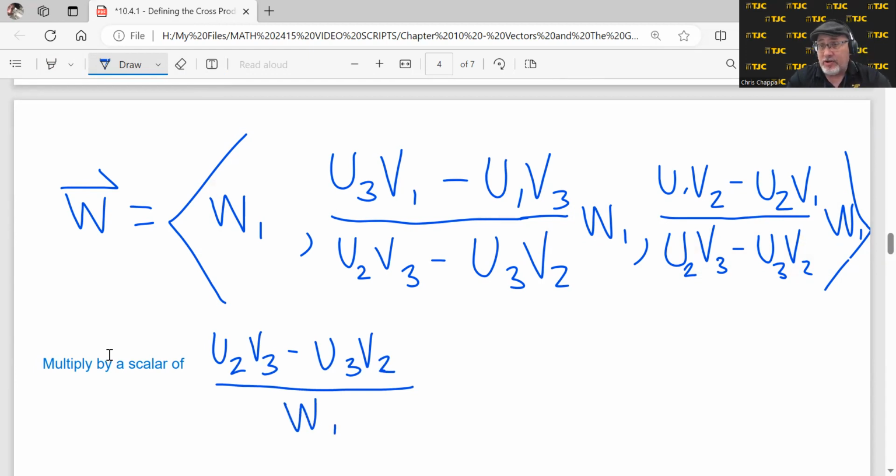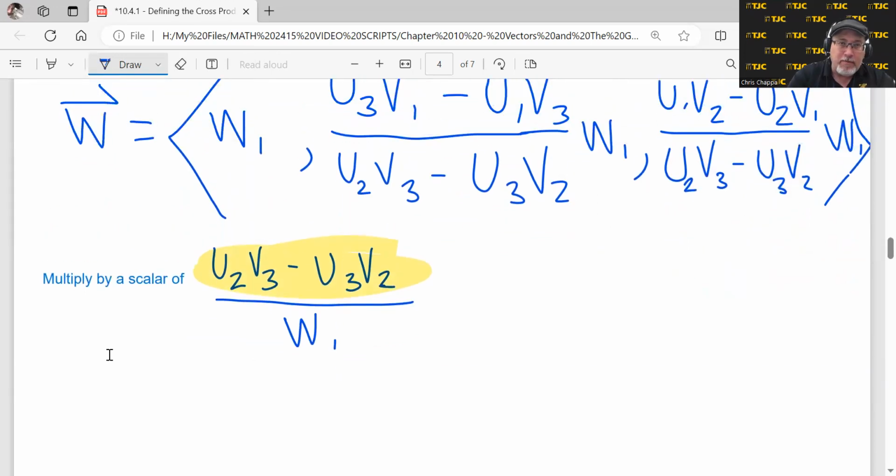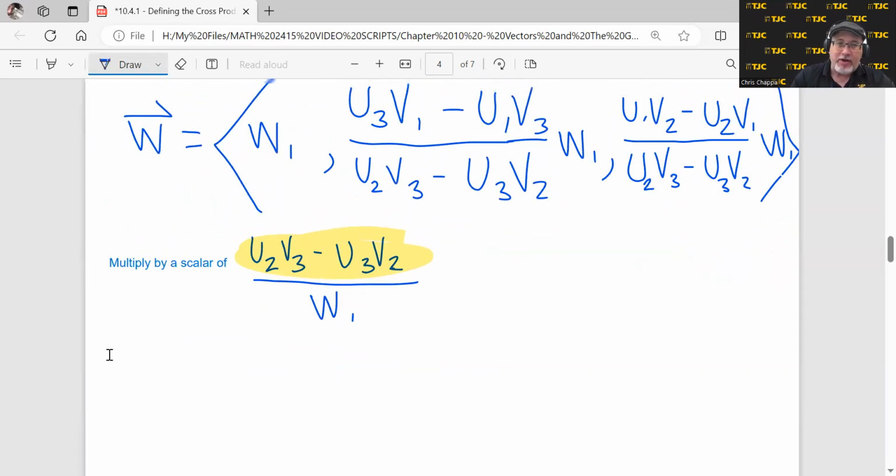So this will cancel all the W1s, cancel all the fractions, and in the first component, it's going to put this. So that's going to go in the first component. The second and third components will lose their denominators. Everybody will lose their W1s, and our formula for this mutually orthogonal vector becomes the following.